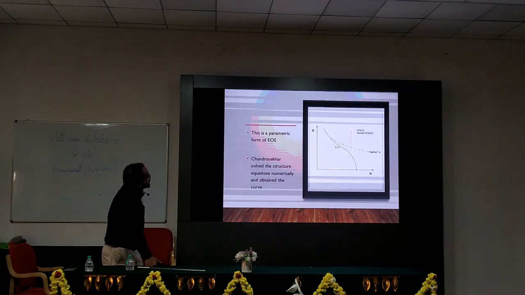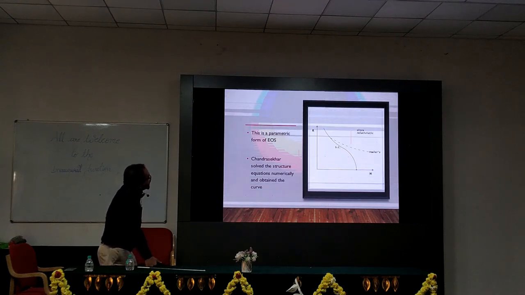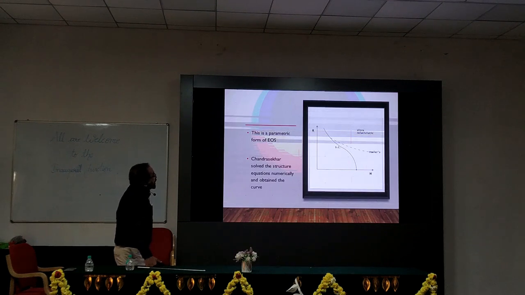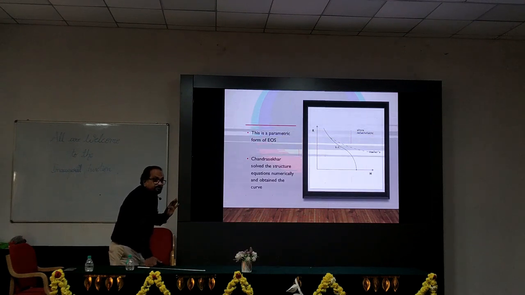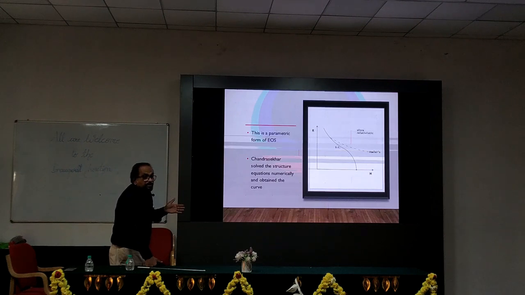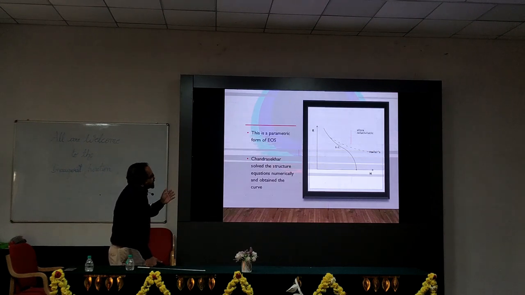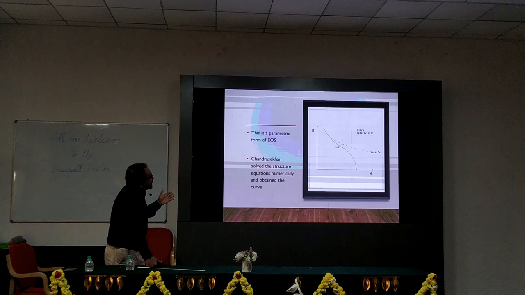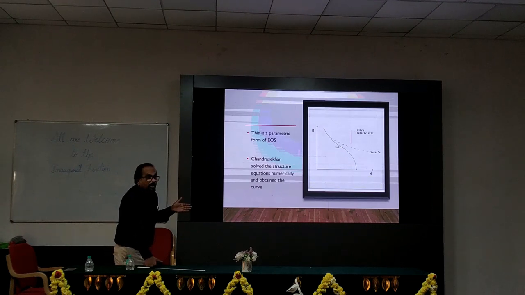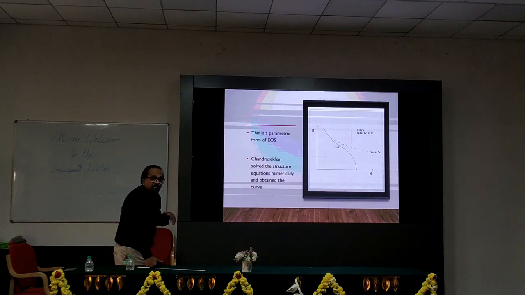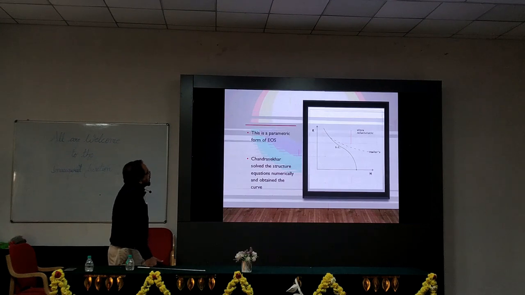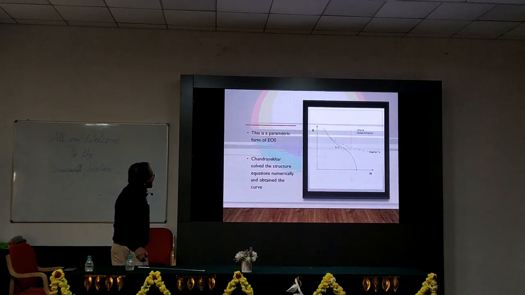The radius becomes 0 at one particular mass, and that is now called the Chandrasekhar mass limit. So according to his theory, which is definitely much better than Fowler's, there is a limiting mass that turns out to be around 1.34 solar mass, or 1.4, depending on the composition.